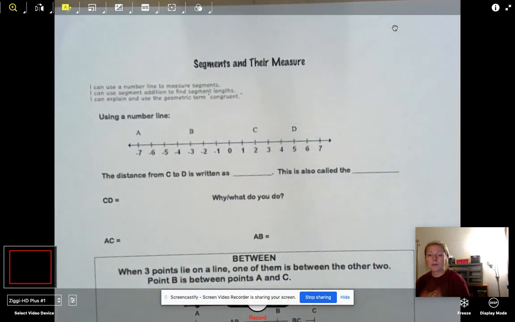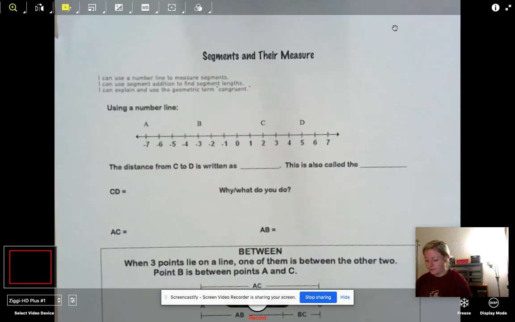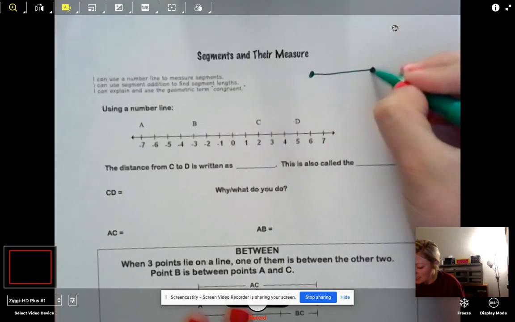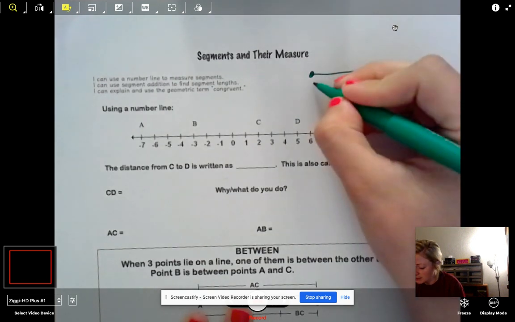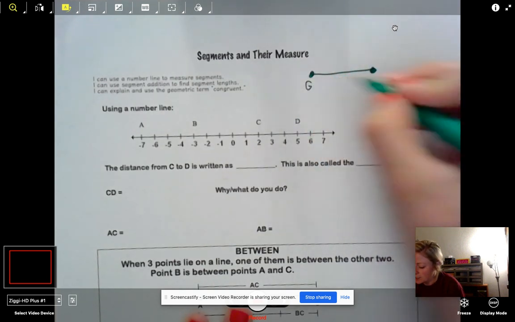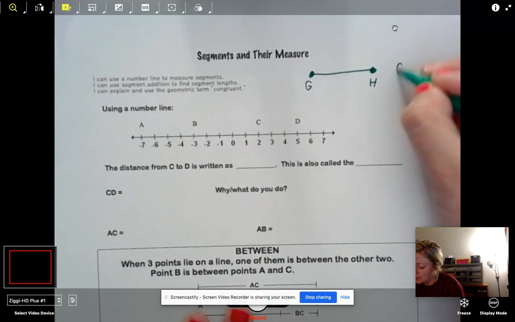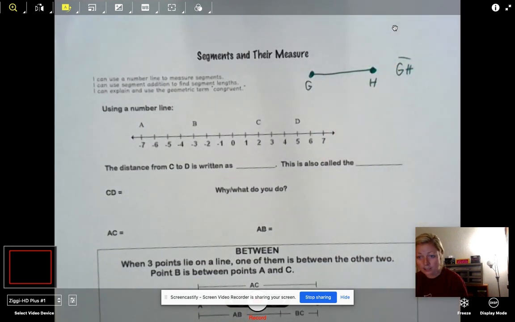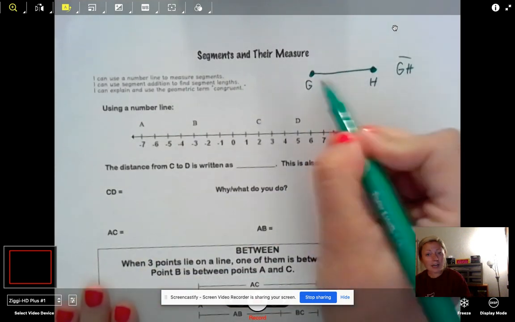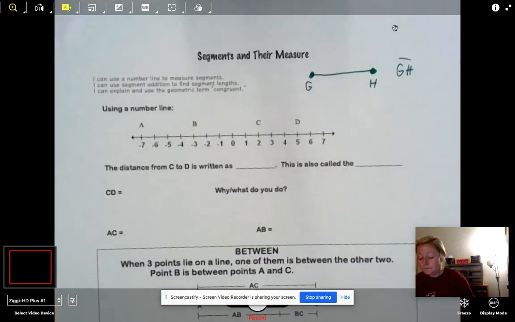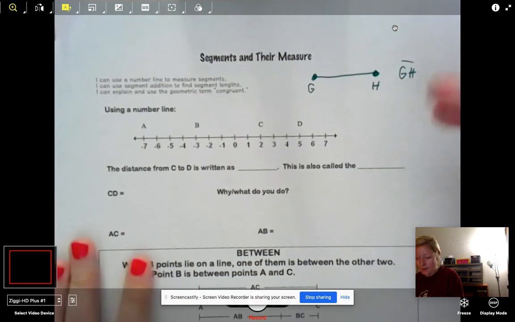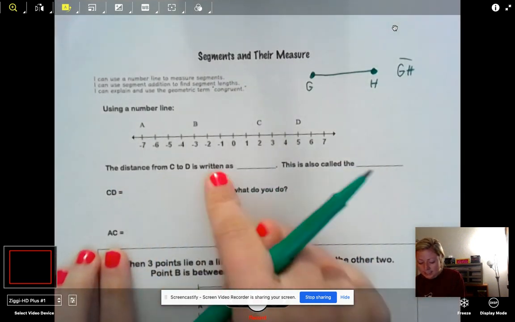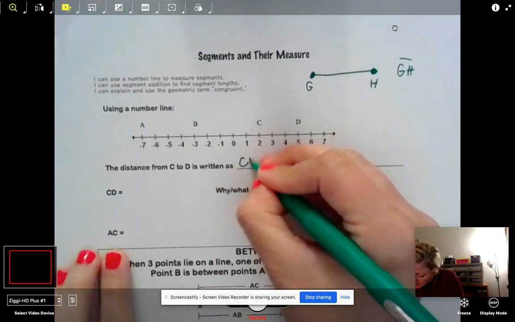So when we talk about the measure of a segment, let's back up a second. A segment, remember, has a starting point and a stopping point. So I could call this GH. Remember, that's segment GH, because it starts and it stops. And since it starts and it stops, we can actually find out how long it is. So if we go back to our question here, it says, the distance from C to D is written as CD.